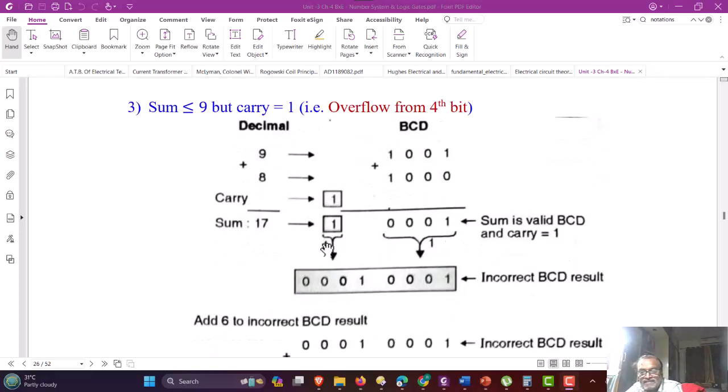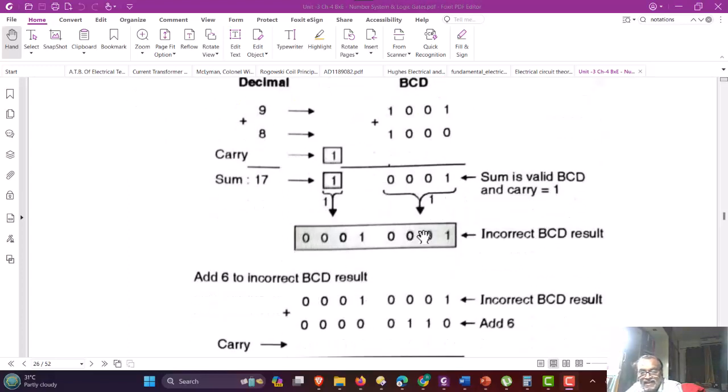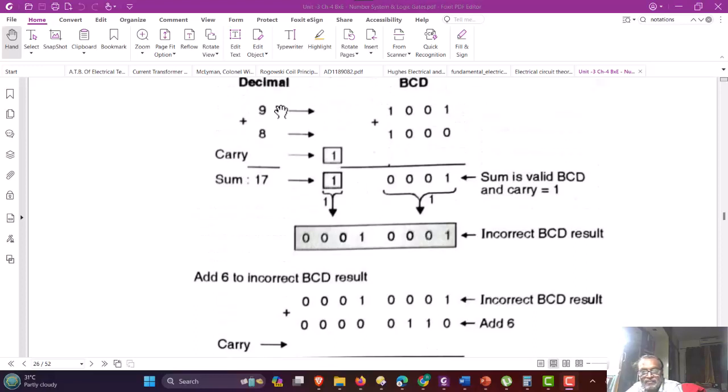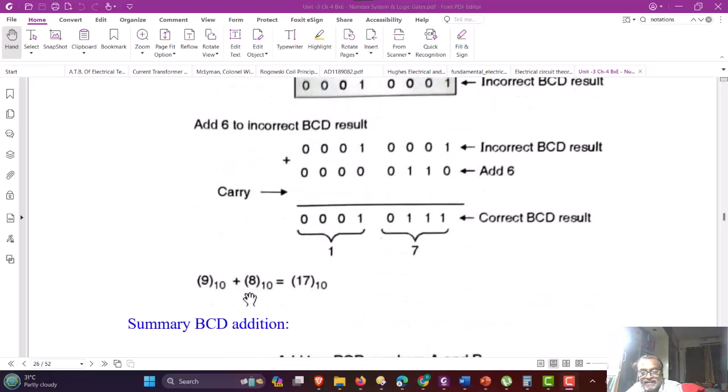In that case, the result is incorrect and will be corrected by adding 6 to the result. So we add 0110, that is 6, to the sum, and you get the corrected result 0001 0111, that is 17, and obviously 9 plus 8 is 17.